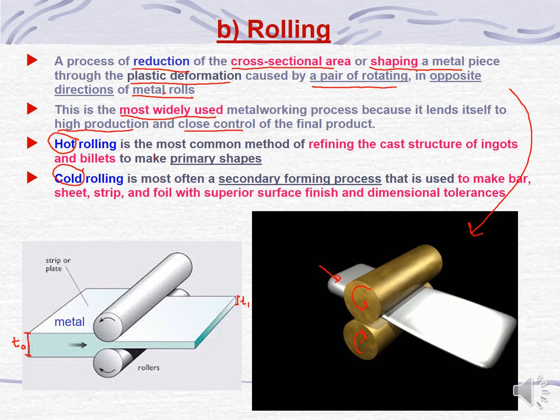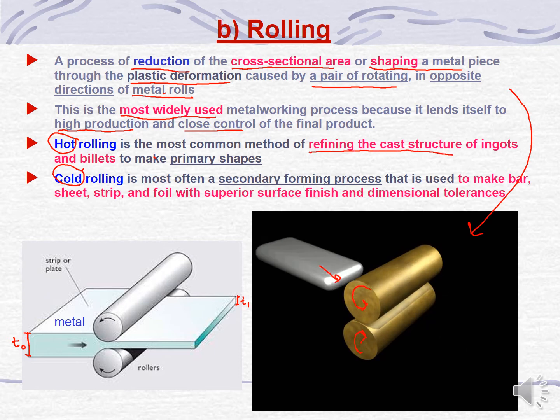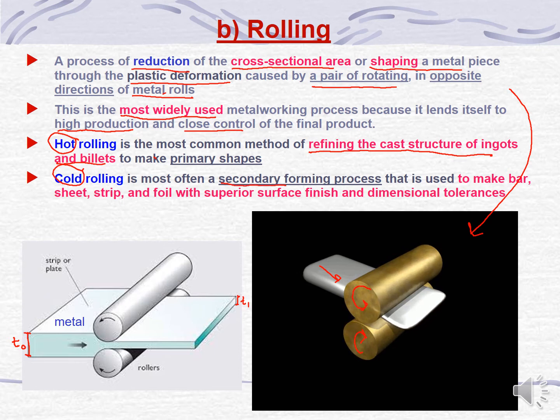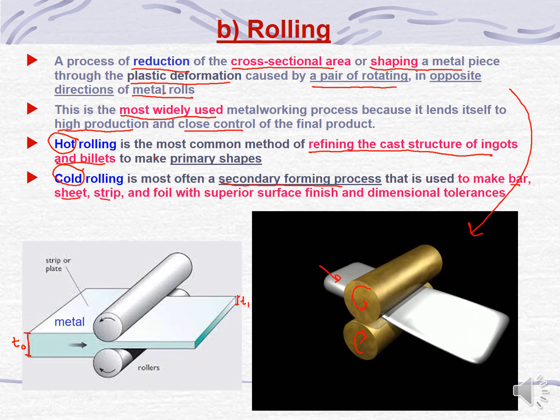Okay, hot rolling is the most common method of refining the cast structure of ingots and billets. Okay, cold rolling is most often a secondary forming process used to make bar, sheet, strip, and foil.